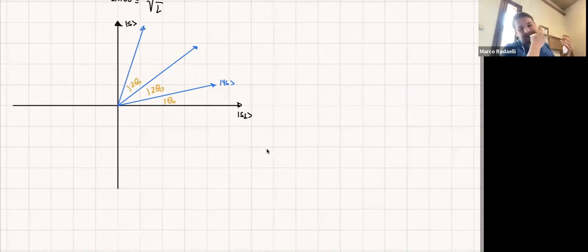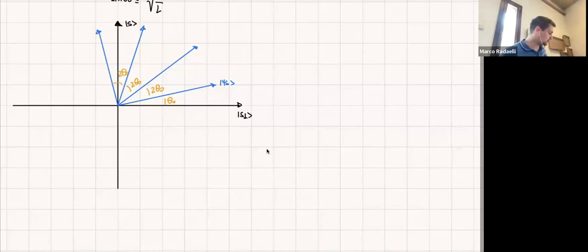Obviously, at some point we will need to stop, because if we rotate too much, at some point we will pass this level, and the probability will start decreasing again.